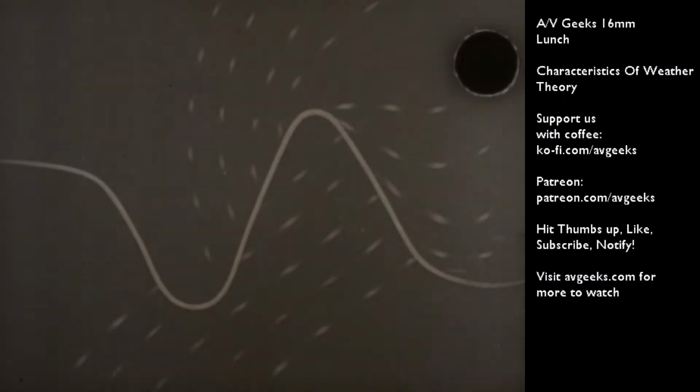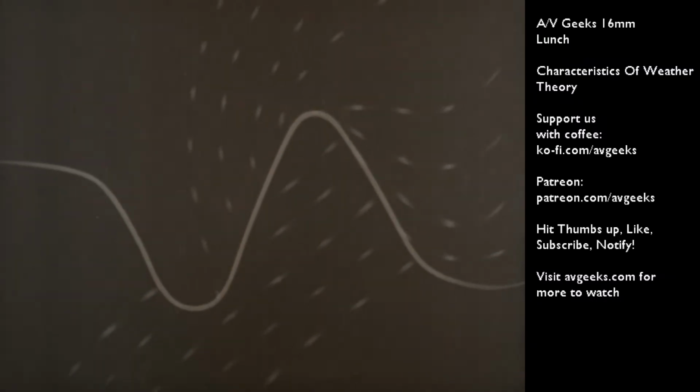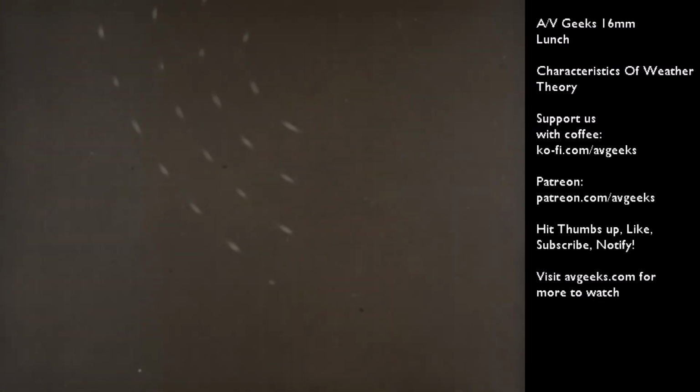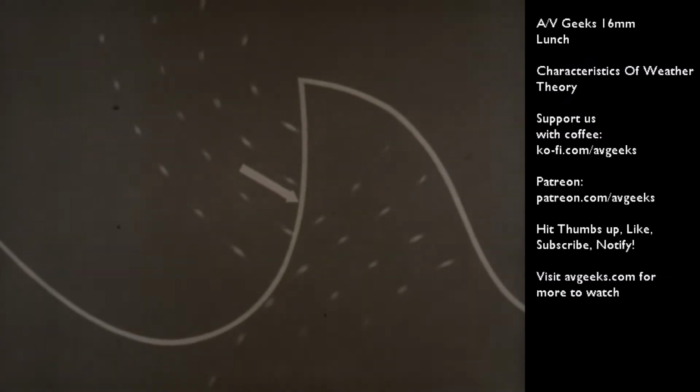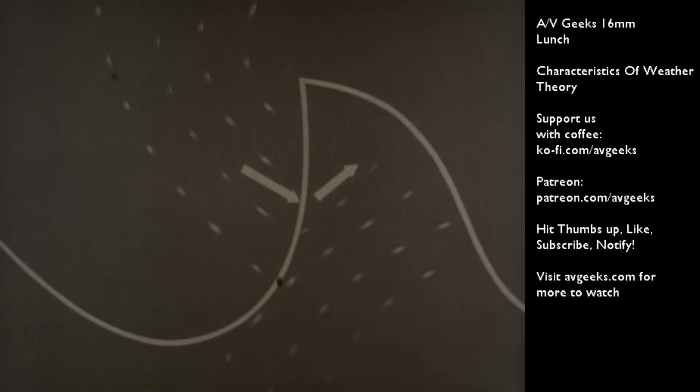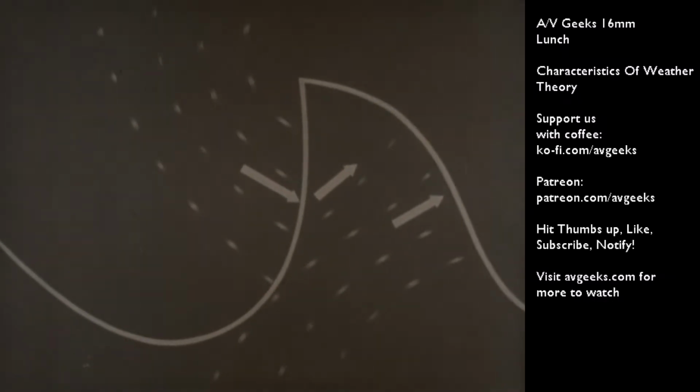As circulation about the low-pressure area becomes more pronounced, the cold front overtakes the warm front. Cold air is advancing more nearly perpendicular to the cold front and changes the shape of the wave since it meets a yielding opposition of the warm air moving away from it, whereas the advance of the warm front is effected against the opposition of the cold air, which has a component of velocity toward this front.